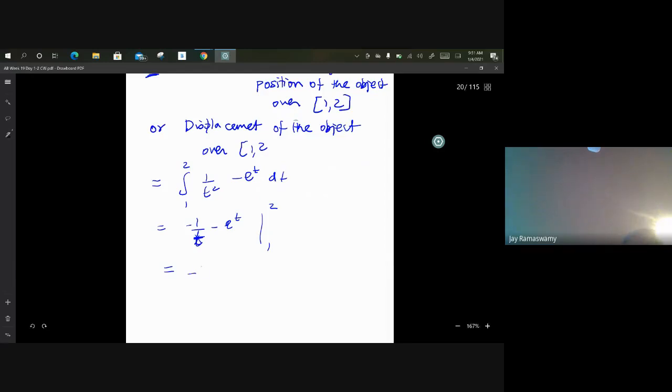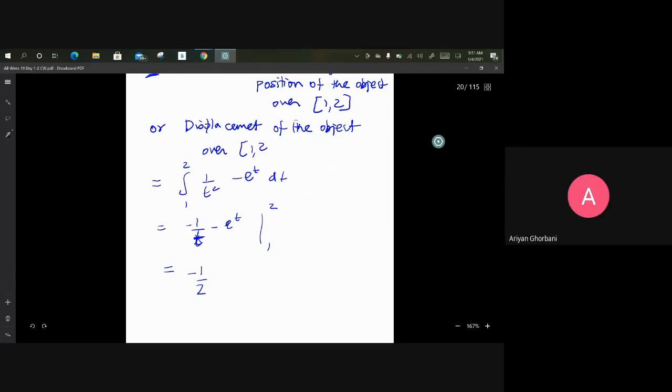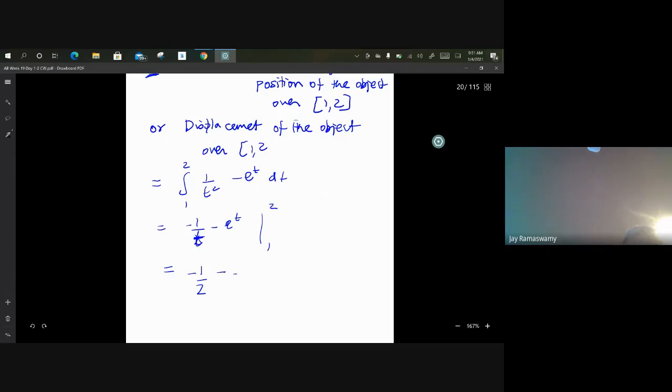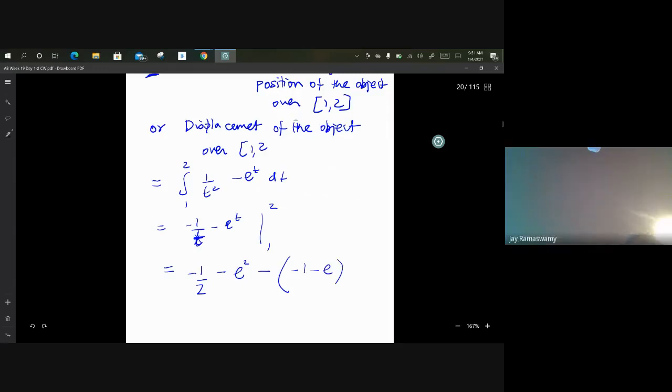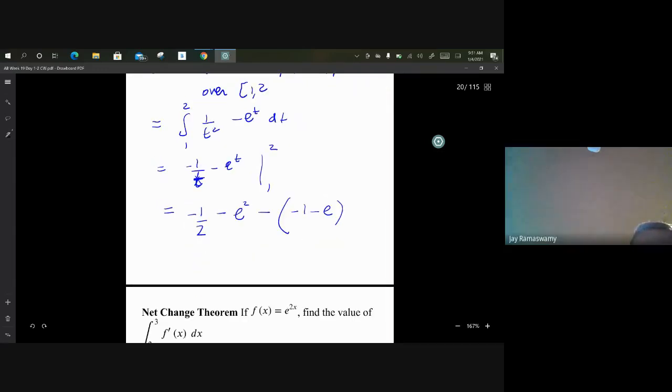So it's negative 1/2 minus e squared, look down, you'll be faster, minus parentheses, negative 1 minus e to the power 1. Can we open that up?